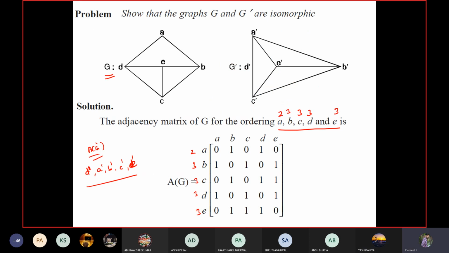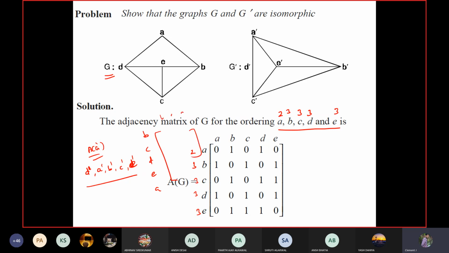See here, in your first graph G, the degree sequence is in the form A, B. It is not a problem. I can even start from B, C, D, E, A instead of A, B, C, D, E. Not a problem.